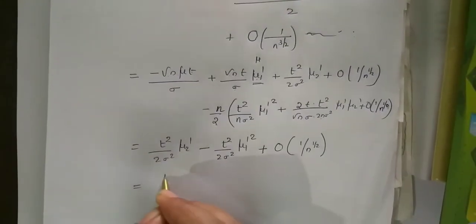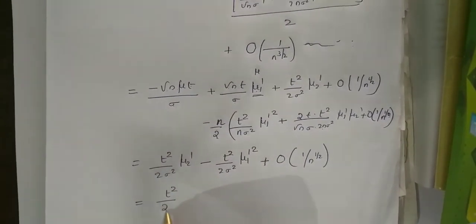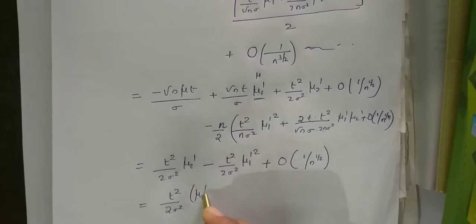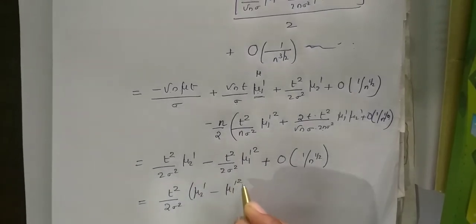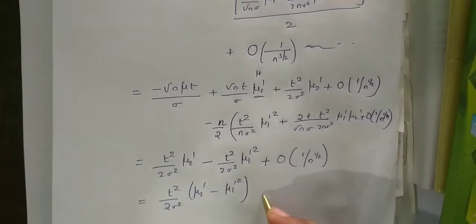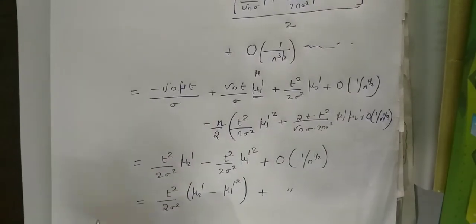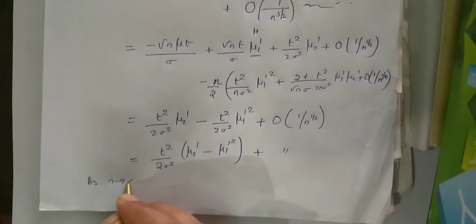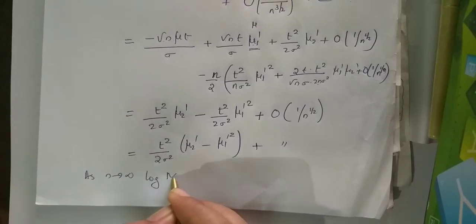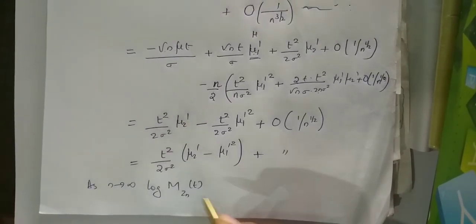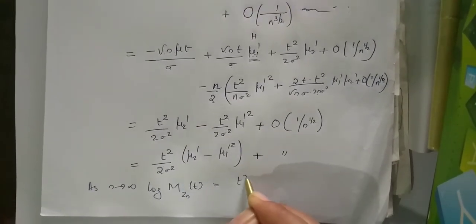Then here we can write t square by 2 sigma square common, then mu 2 dash minus mu 1 dash square plus this term.